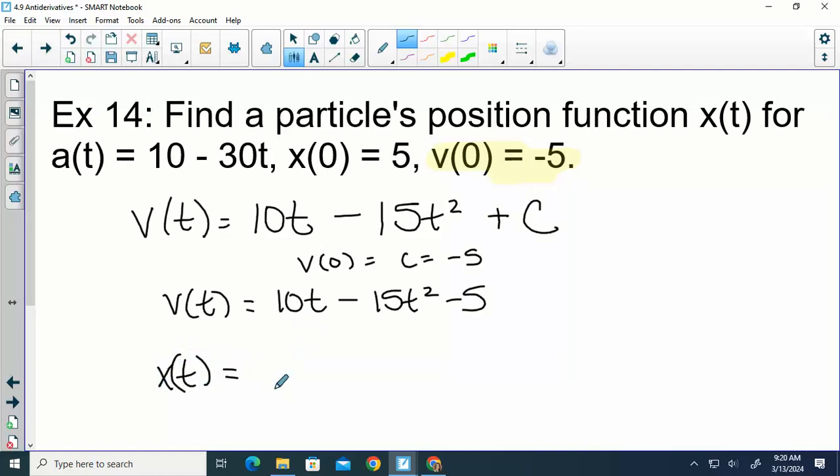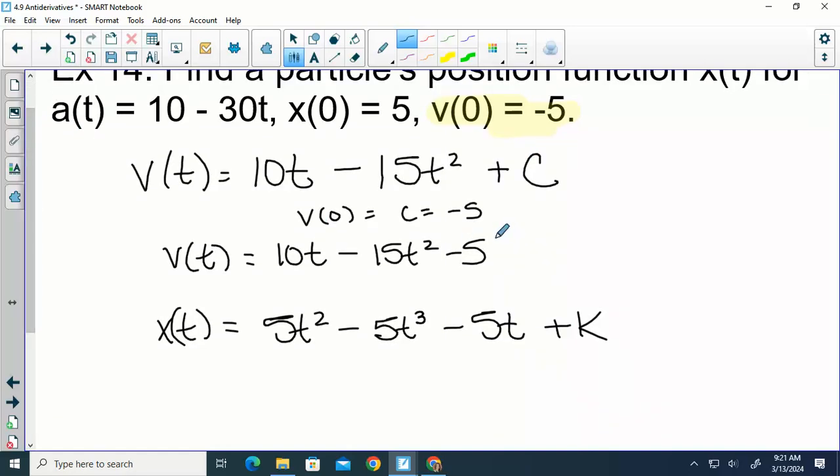So what's the antiderivative of 10t? Antiderivative of 15t squared? Antiderivative of 5? And then we have a constant. I call it k just because I already used c once, but it doesn't really matter.